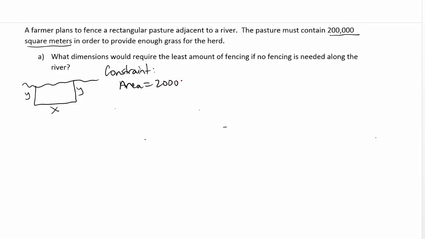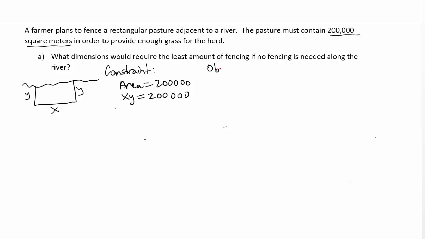In the previous problems, our constraint was a perimeter, but this time around it's an area. So what's the area of this rectangular shape? Well, it's just length times width, so X times Y must equal 200,000. So there's our constraint.